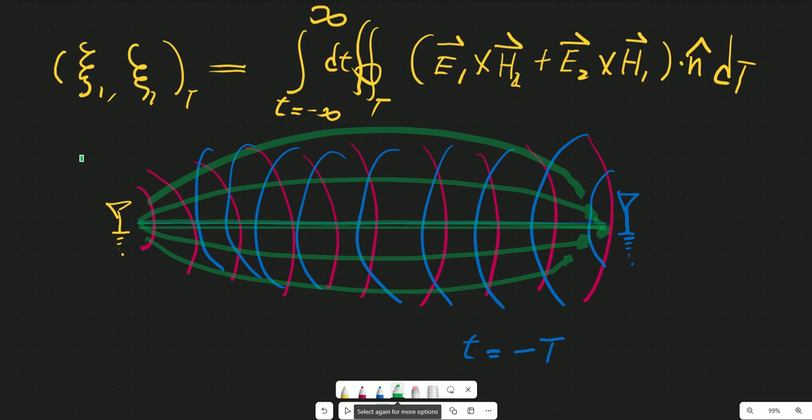But the mutual energy flow mostly comes from here, because here it is really synchronized. The line connects the receiving antenna and the transmitting antenna. This is the mutual energy flow. We can see the mutual energy flow has particle properties.